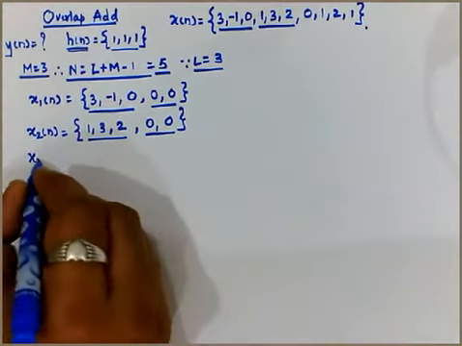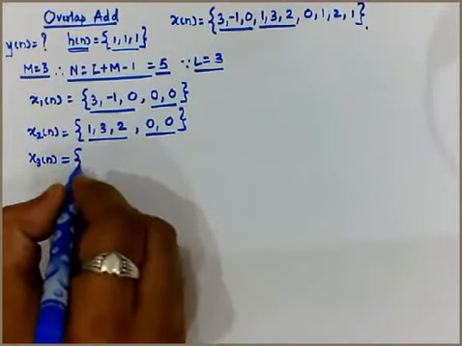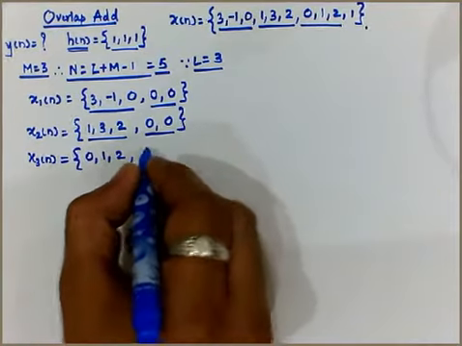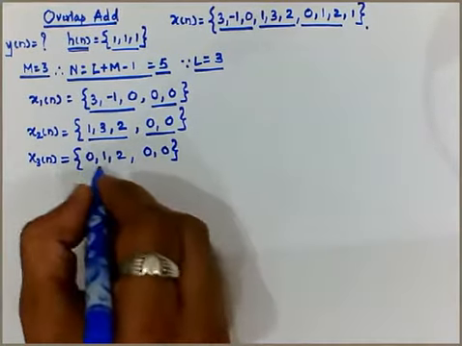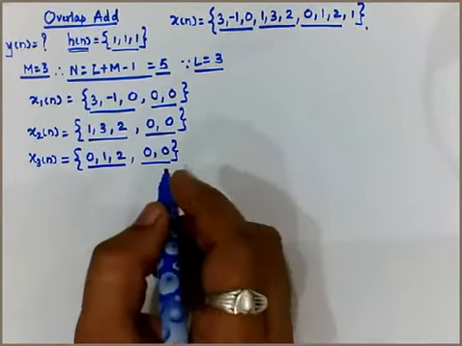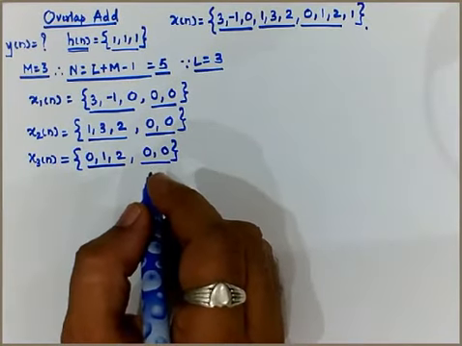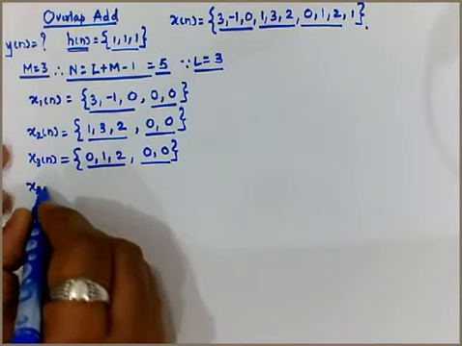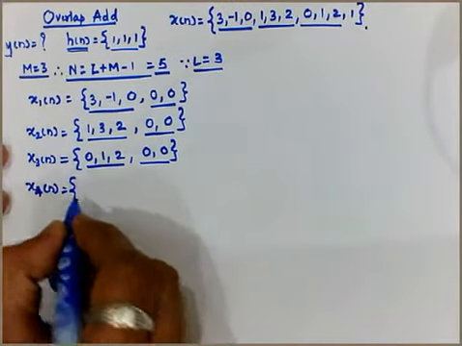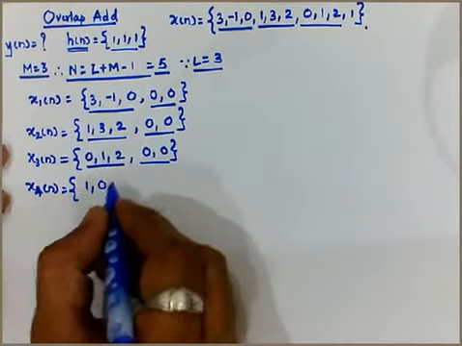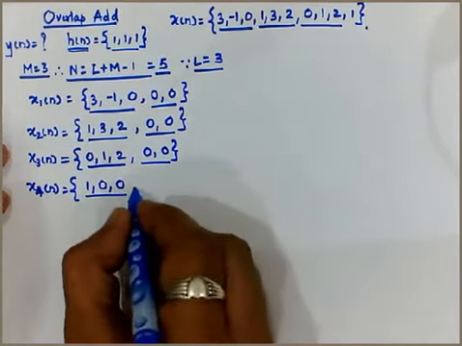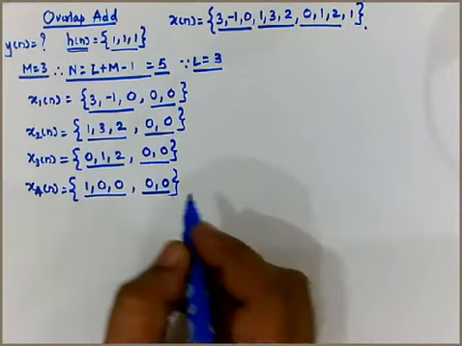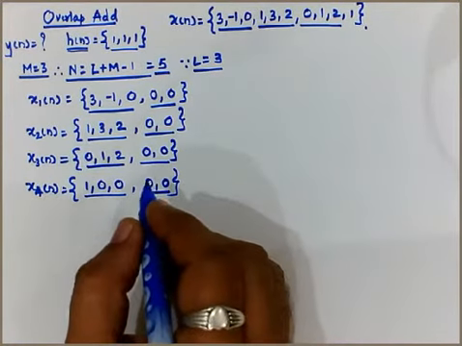Now x3 of n will be selected as the next 3 values, so it will be 0 1 2, and append 2 zeros so as to satisfy the criteria of capital N equal to 5. So total sample values will be 5. Next is x4 of n. It is nothing but 1 0 0, with 2 zeros additionally appended at the last.